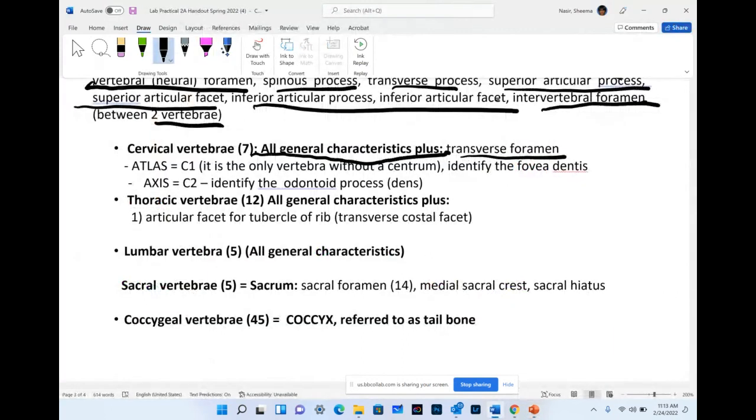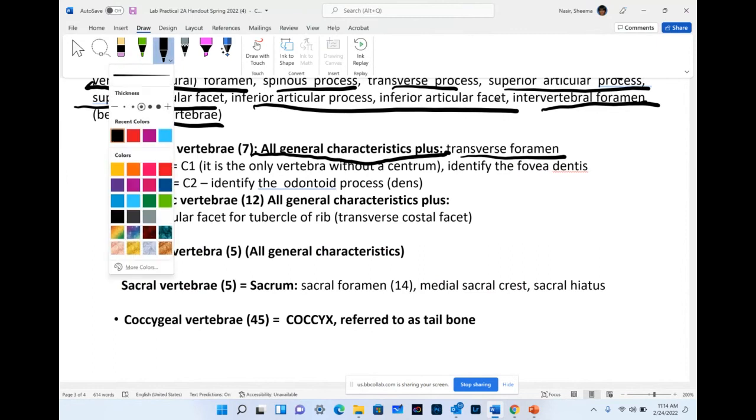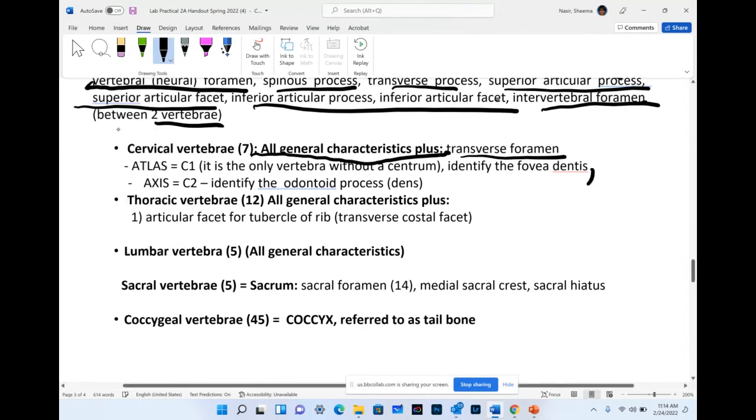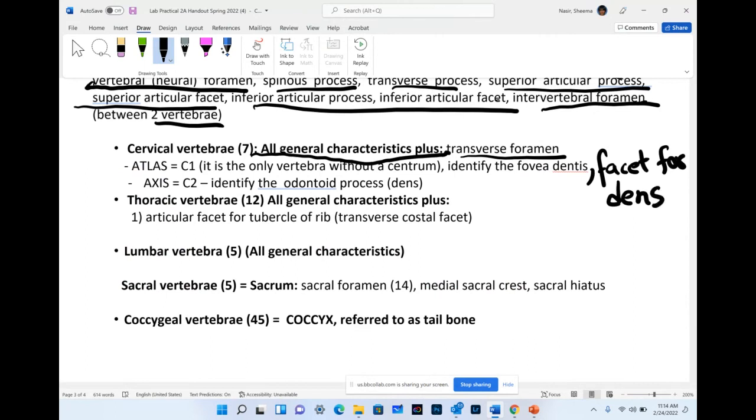Now, let's see. Atlas, only vertebra without centrum, without body. And it has facet for dens, which is also called fovea dentis. So you can also call it facet for dens. Dens is D-E-N-S, not D-E-N-S-E, because that means thick.